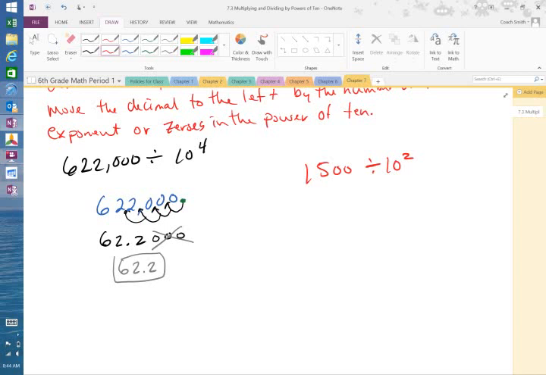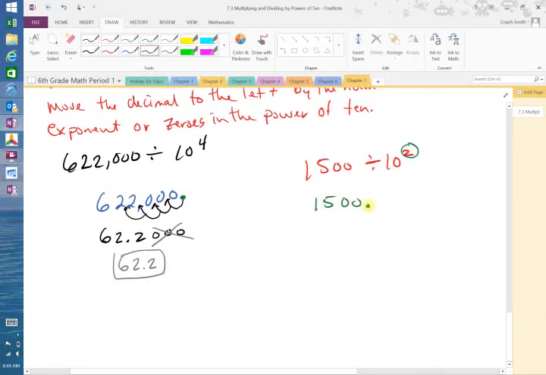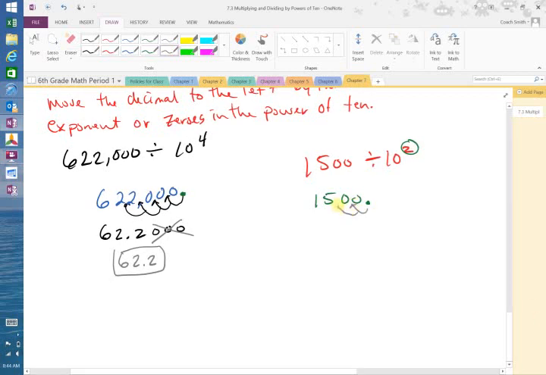Who has an answer? Emma, what did you get? Yep. So this would be 1,500. I would take the decimal and move it 2 places to the left. That gives me 15.00, but I don't need the 00, so it's just 15.